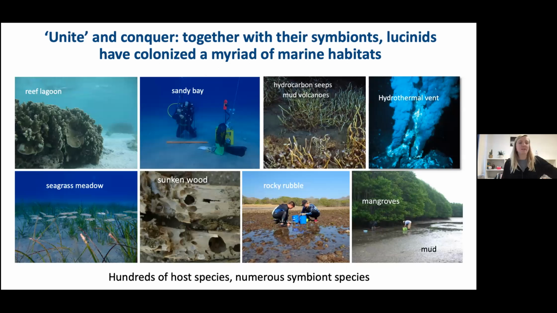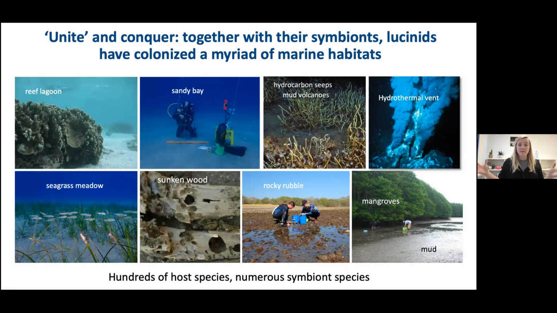So I've talked up until now about one type of environment. But throughout their long evolutionary history together, lucinids, we have fossils from 400 million years ago. So this is a very ancient symbiosis. And we also have some indication that even these ancient fossils from the Silurian had a chemosynthetic symbiosis. So this is really one of the oldest partnerships known.